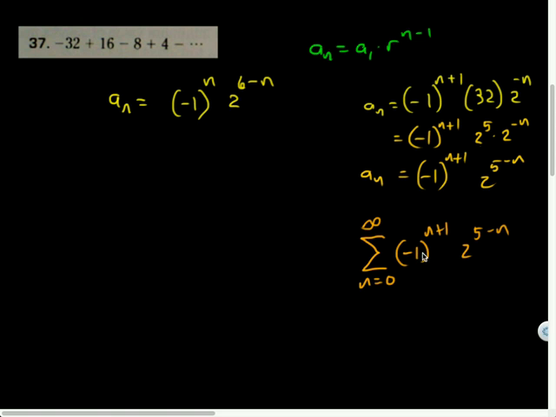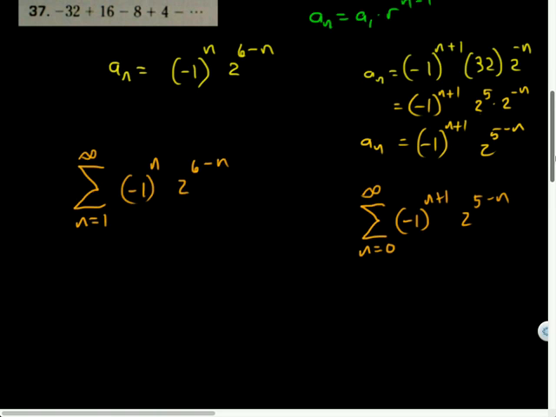But if you did n equals 1, then you would have negative 1 to the n times 2 to the 6th minus n. Yeah. And technically, you don't even need this negative 1 to the n so much. I think we'd be able to even incorporate the minus sign within the 2 somehow if we were really careful.